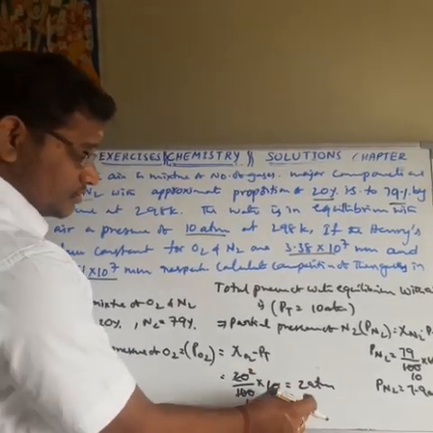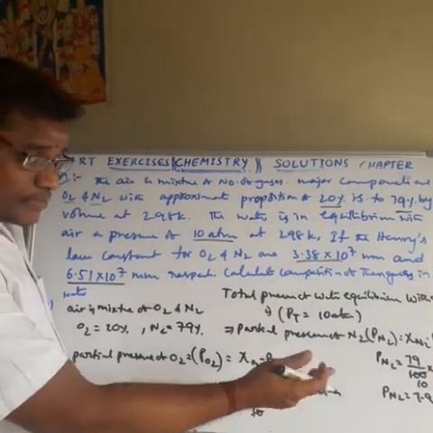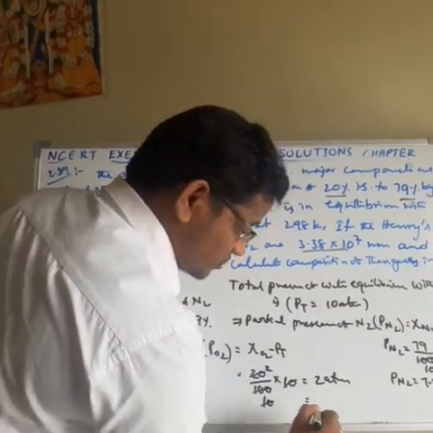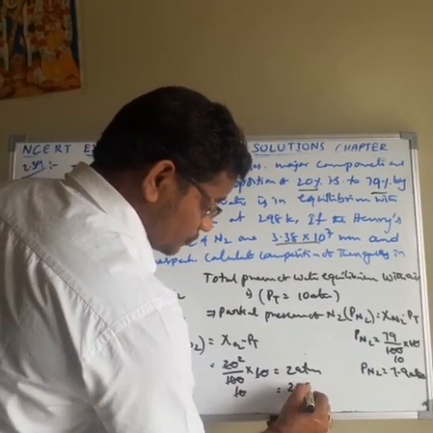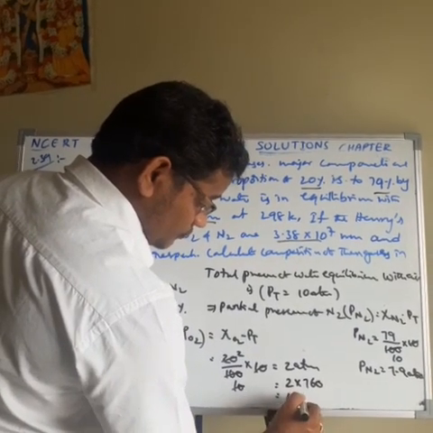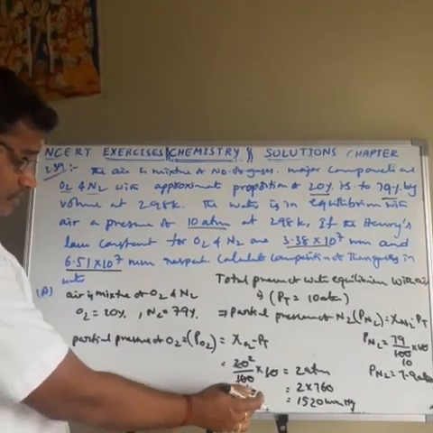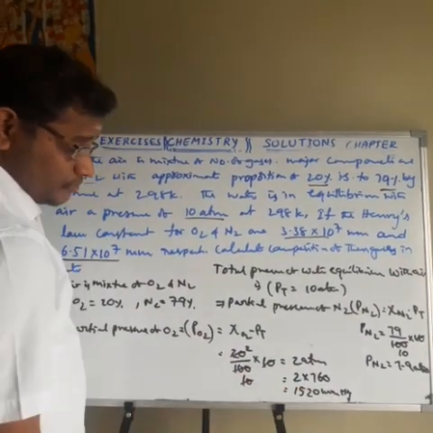Next, these atmospheres are converted into mm of pressure, millimeters of mercury. So 1 atmosphere is equal to 760 mm of mercury. 2 atmosphere is 2 into 760, which is 1520 mm of Hg. That is the partial pressure of oxygen, 1520 mm of Hg.